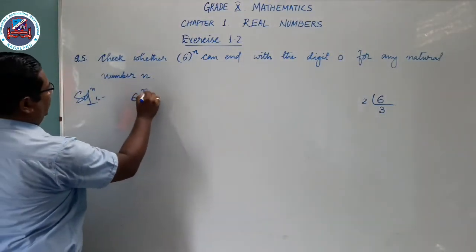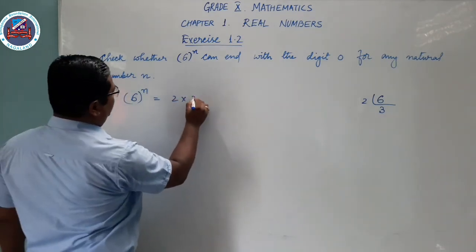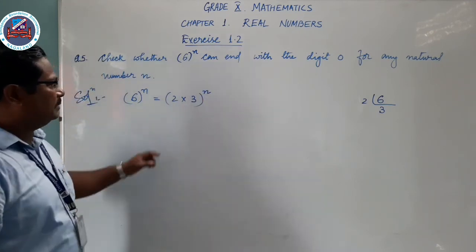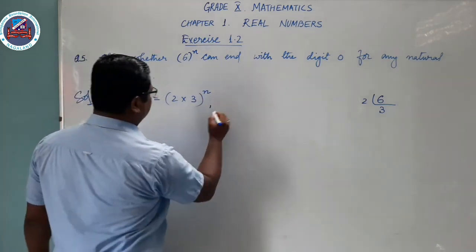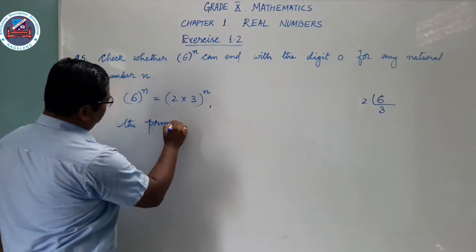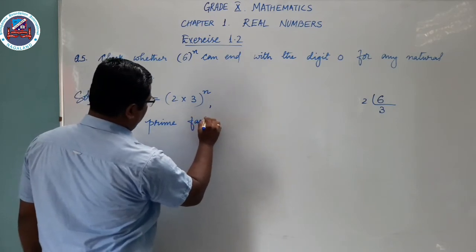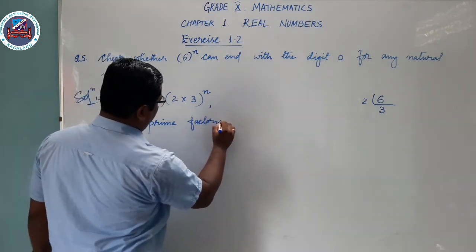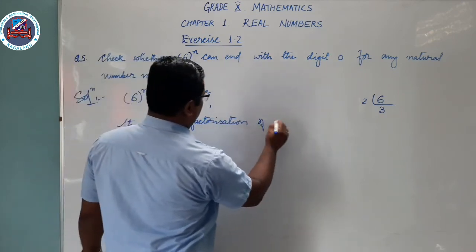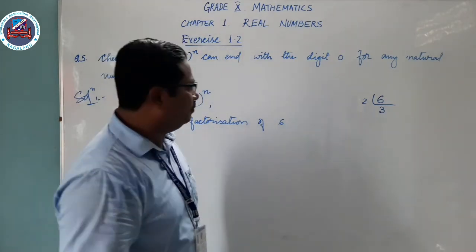6 to the power n is equal to (2 into 3) to the power n. So here the prime factorization of 6 does not contain the factor 5.